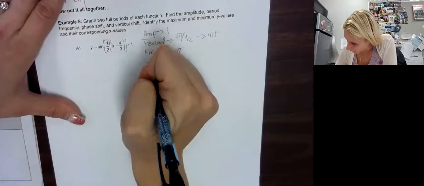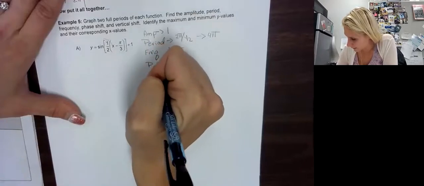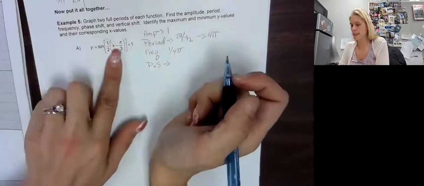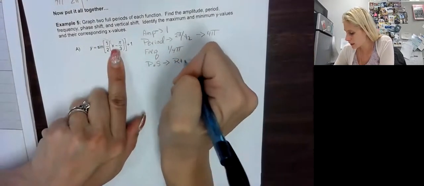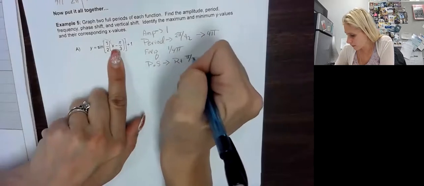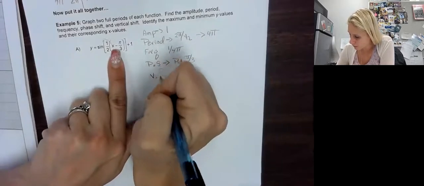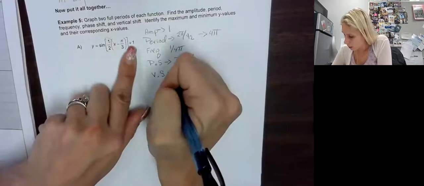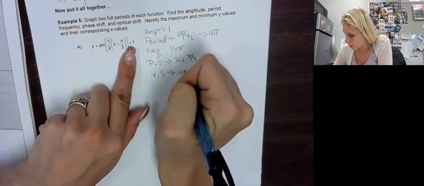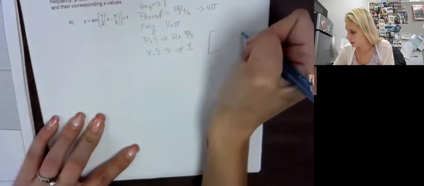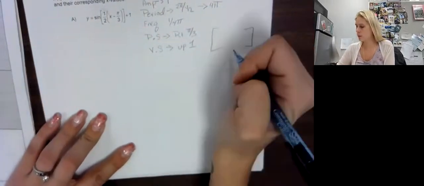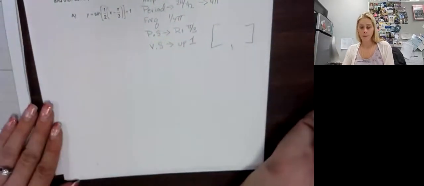Our phase shift, remember, is what's added or subtracted to x, and it's the opposite. So this is minus pi over 3, so we're going right pi over 3. And our vertical shift, we're going to go up 1. So we're going to make the table together, and then we're going to identify our min and max y values, and I'm going to show you the graph.